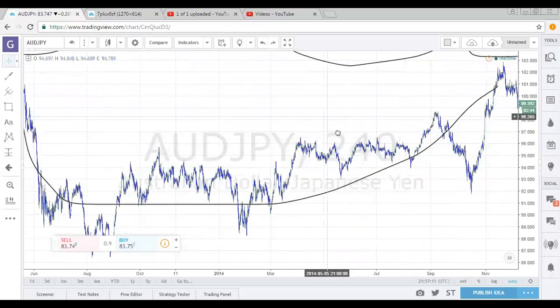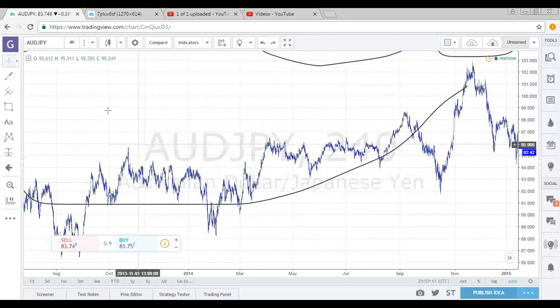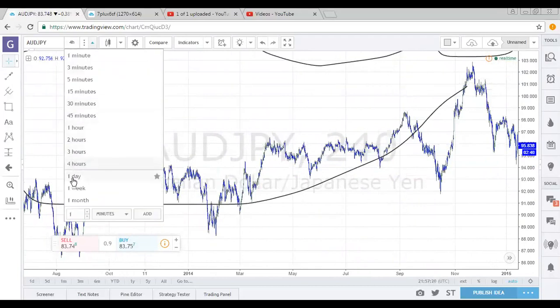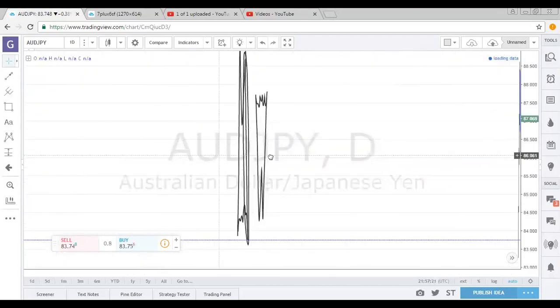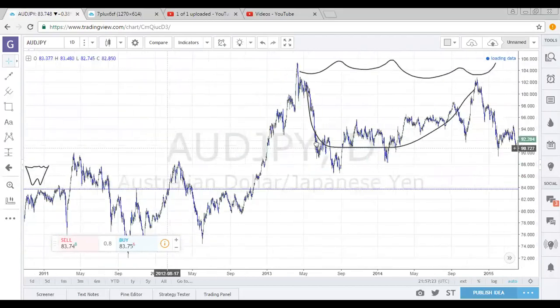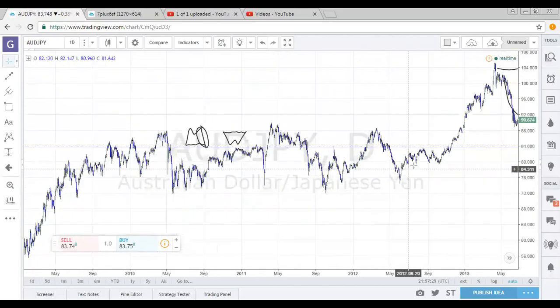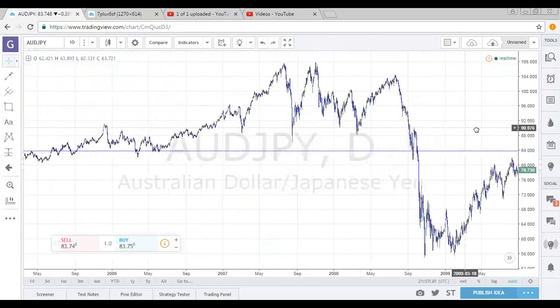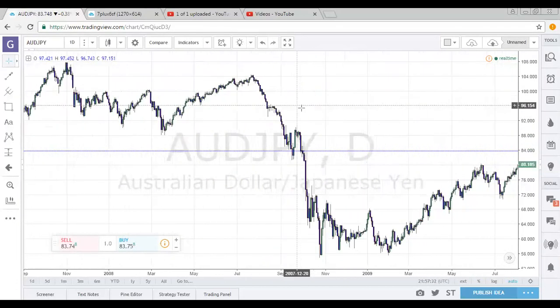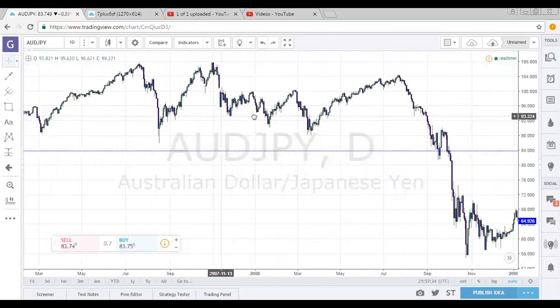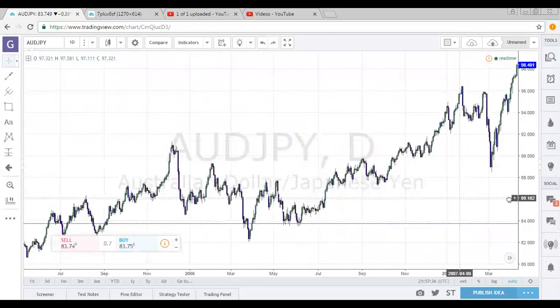Look at all my doodles. I did this like an hour ago. I was trying to show the valley. Okay, let me just find a good head and shoulder pattern. There's tons of them. They're everywhere.